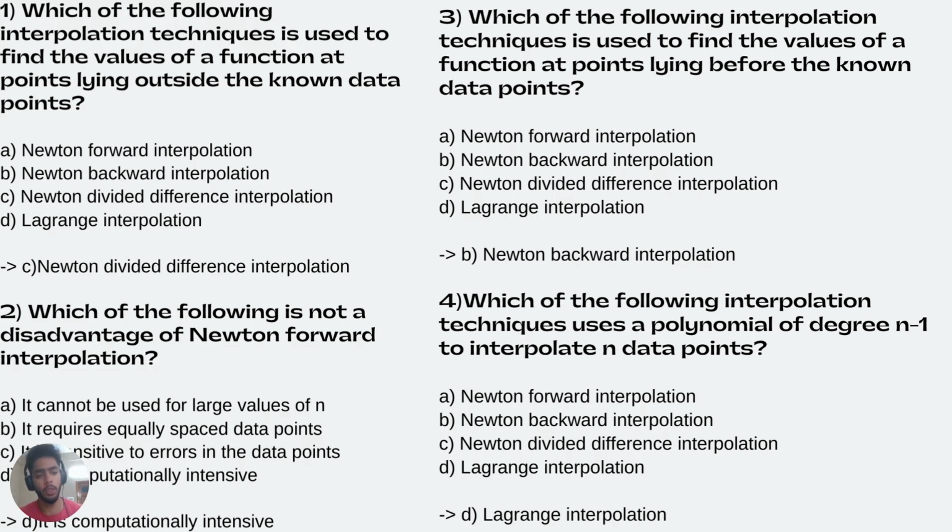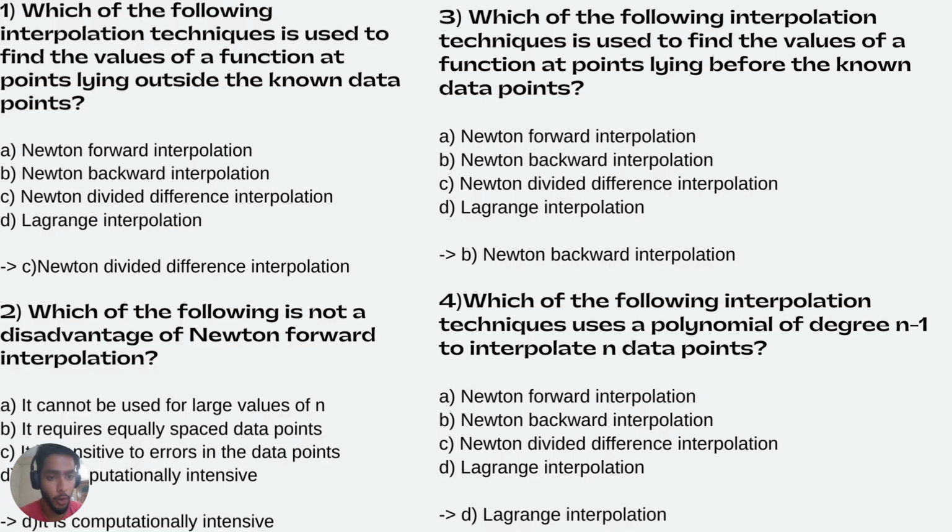Both options A and B work if we have a given range, and we are asked to find points which lie outside the known data points. For finding this, we have Newton divided difference interpolation, because even Lagrange's interpolation works for non-equidistant points, and the remaining option that we have is Newton divided difference interpolation.